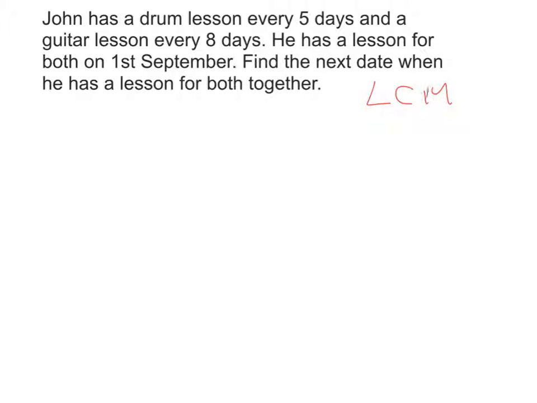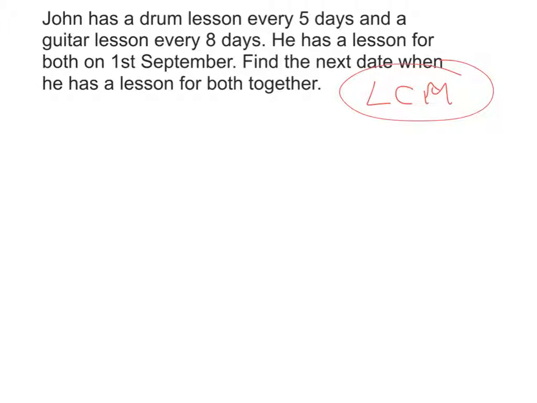It can be something like this, where it's when lessons will happen together. It can be traffic lights flashing at the same time. Anything where there is a time period for one thing, a time period for a second thing, when will they happen together? Lowest common multiple.